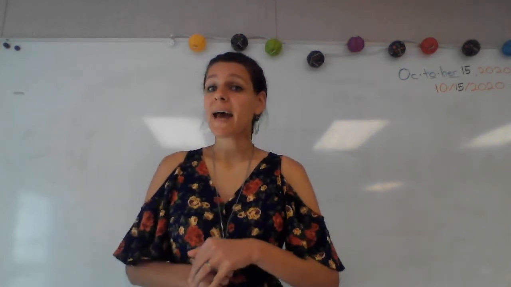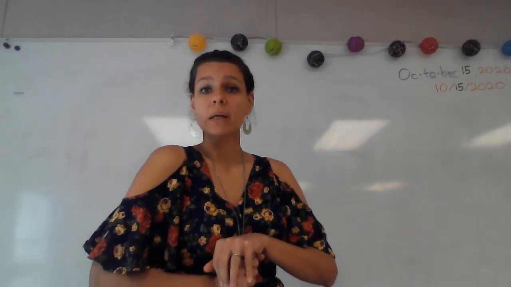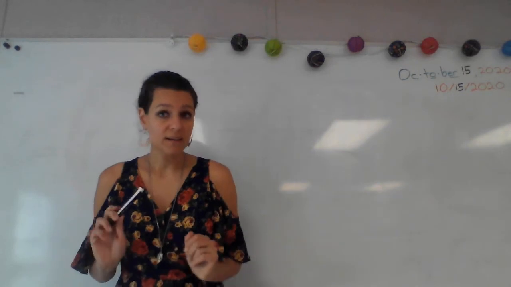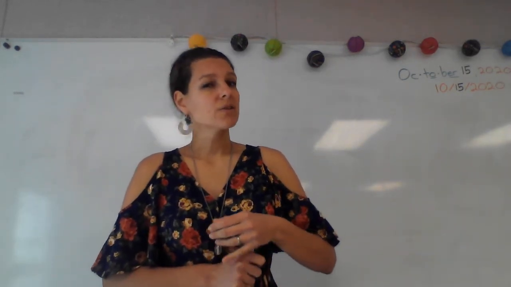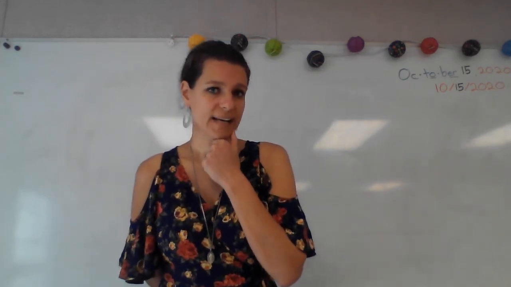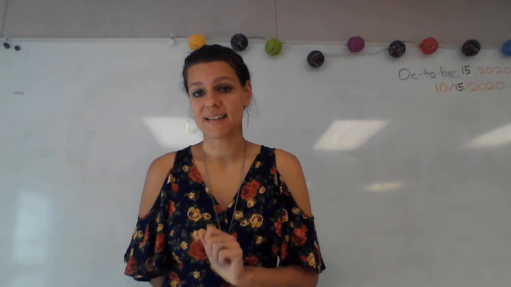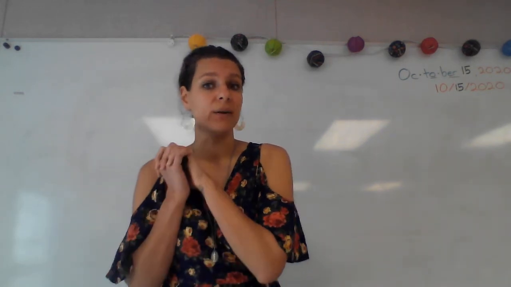The next one is an action. What's our fancy name for an action word? Good, we call it a verb. And our last one we know is the word that describes a noun. What part of speech describes a noun? Excellent, it is an adjective. An adjective describes a noun.